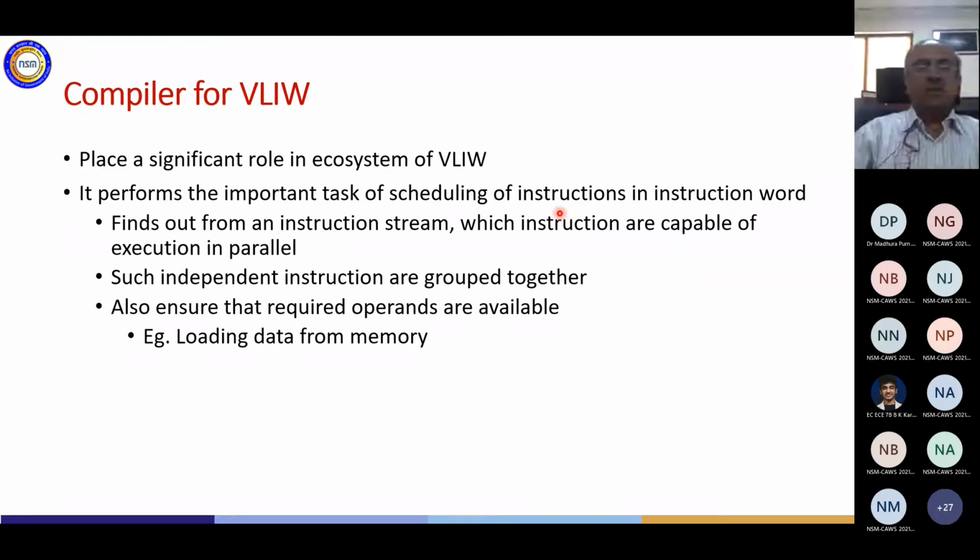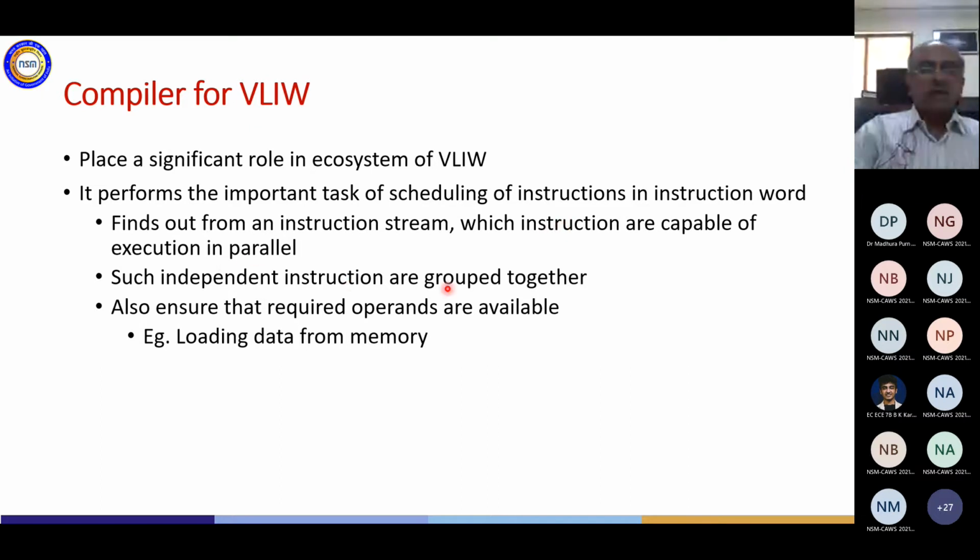Before the VLIW compiler starts optimizing, it gets serial code, because we have written a serial program that gets converted into serial code. Now what does it do? It will take a bunch of instructions, see which instructions are capable of executing in parallel, with no dependency, and pack them together.